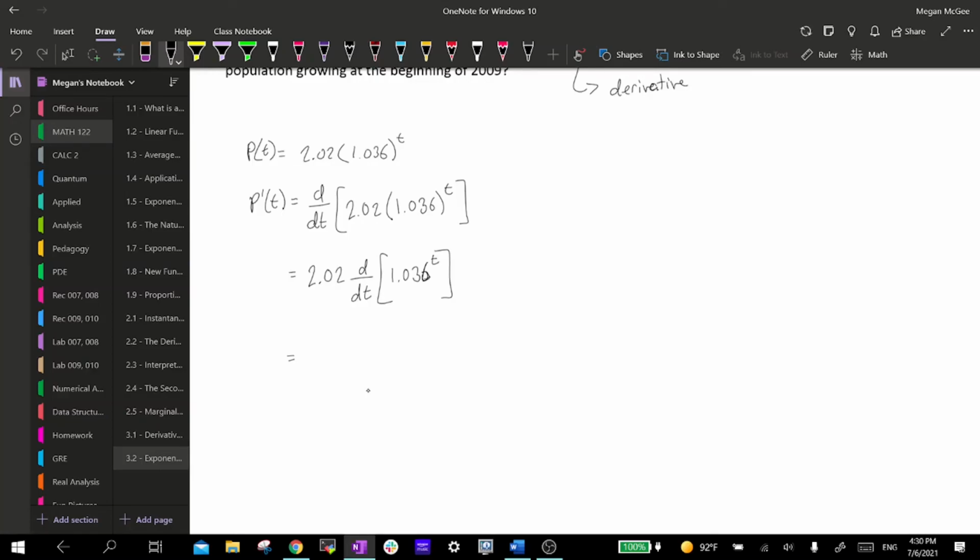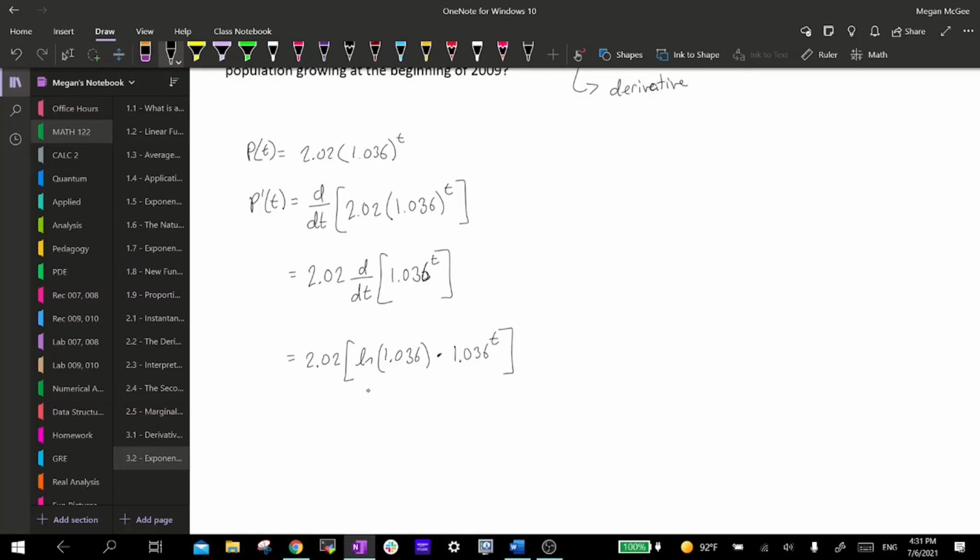So we're going to have our 2.02 times the natural log of the a value, the base value, which is our 1.036. So we have natural log of 1.036 times everything by itself again, the 1.036 to the t.